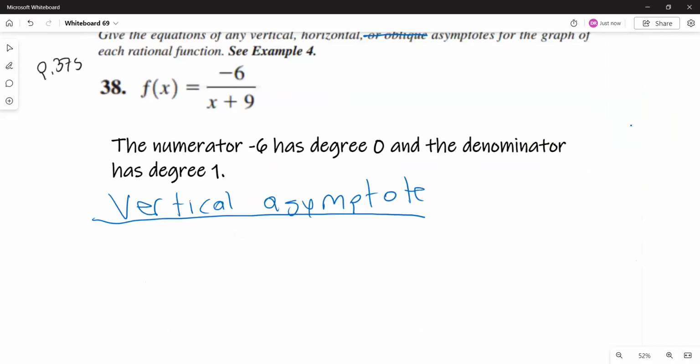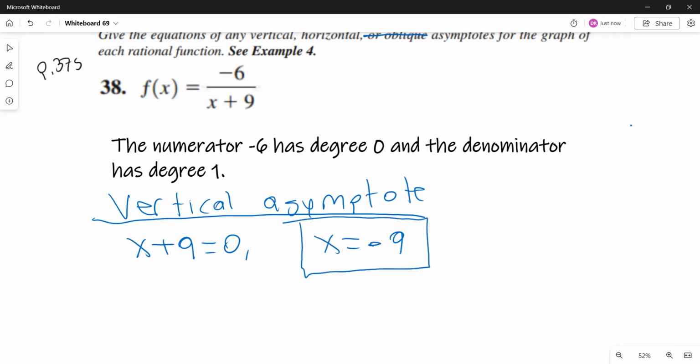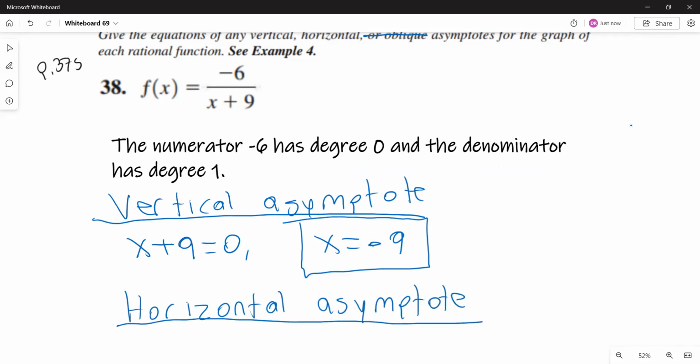The denominator is x plus 9, so we set x plus 9 equal to 0 and solve for x. This means that x is equal to negative 9. That's the vertical asymptote. And by the way, we're not going to graph the function, we're just going to determine the asymptotes.